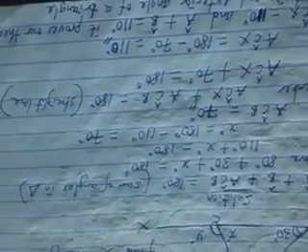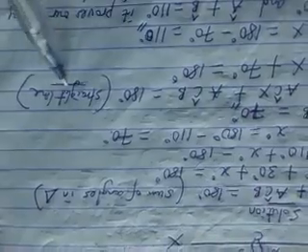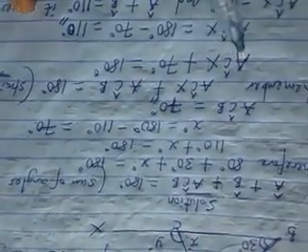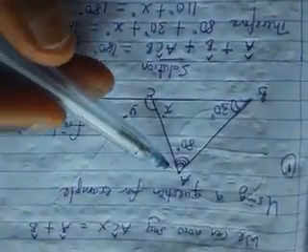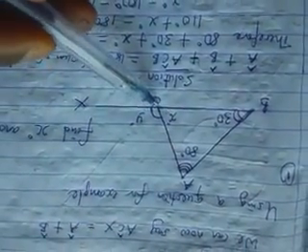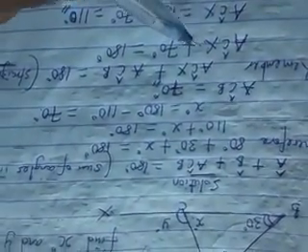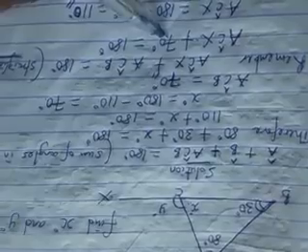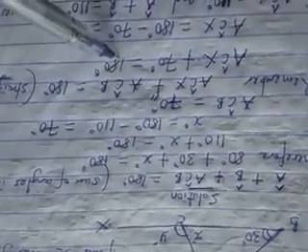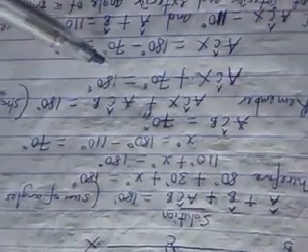Now, using the rule, sum of angles on a straight line, angle ACX, which is Y degrees, plus 70 degrees, which is angle ACB, equals 180 degrees.